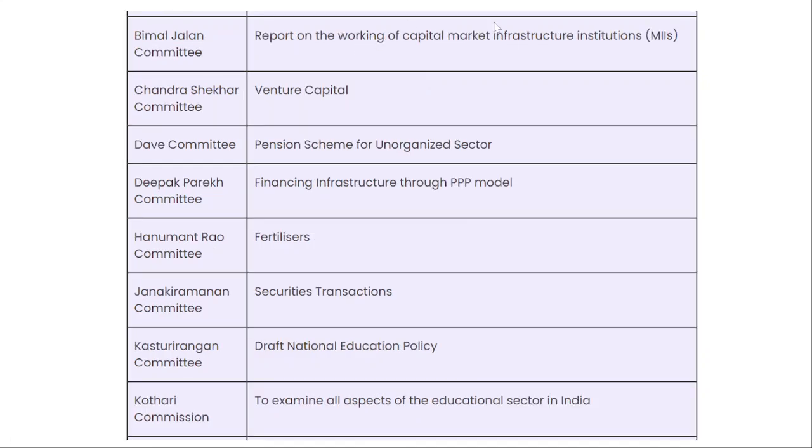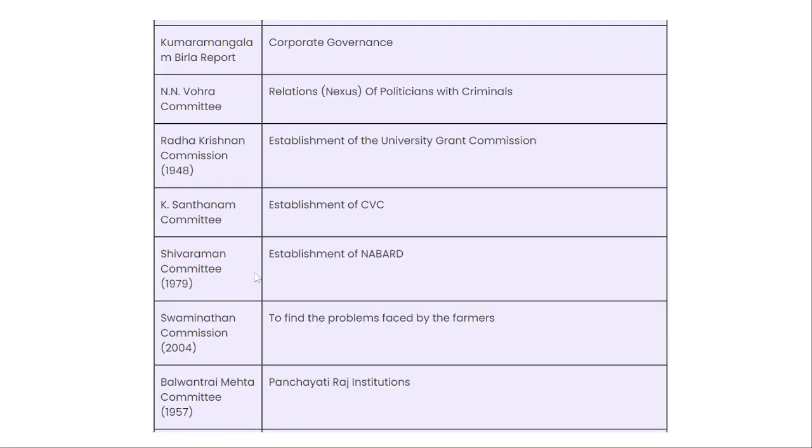Bimal Jalan and capital market infrastructure institutions. Kasturirangan Committee on National Education Policy. This is very recent, right? Kasturirangan Committee on National Educational Policy and the educational sector only. You have the Kothari Commission. This NN Vohra is also important, relation between politicians and criminals.